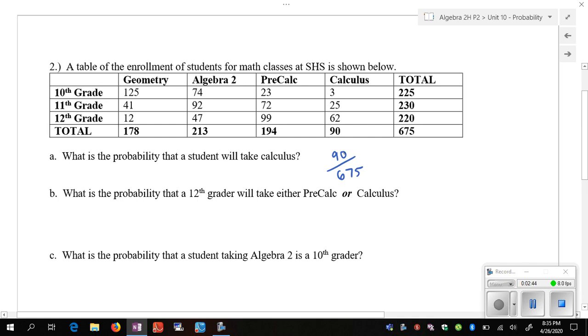Part B, what is the probability that a 12th grader will take either pre-calc or calc? So this is our condition. Again, I could use that formula that we wrote down on the inside cover, or we could just say, if that's our condition, then that's our denominator. Our denominator is 220.